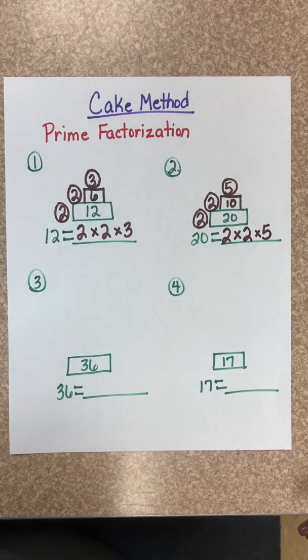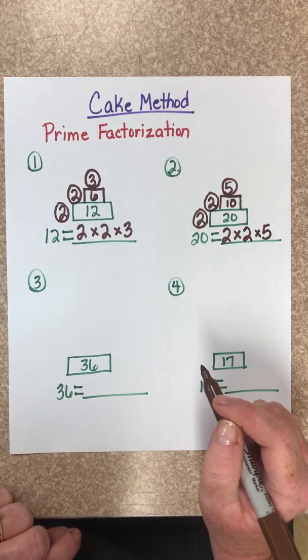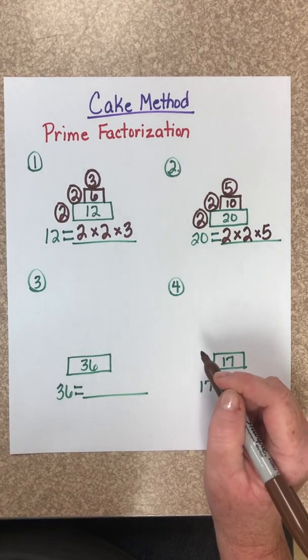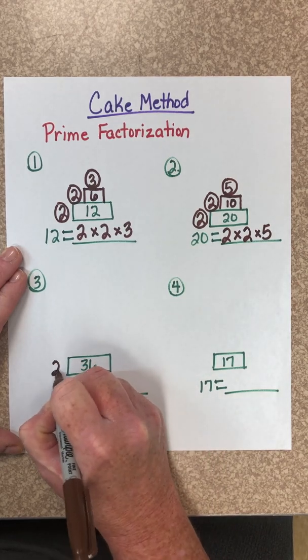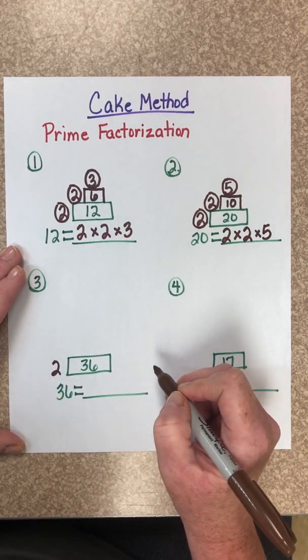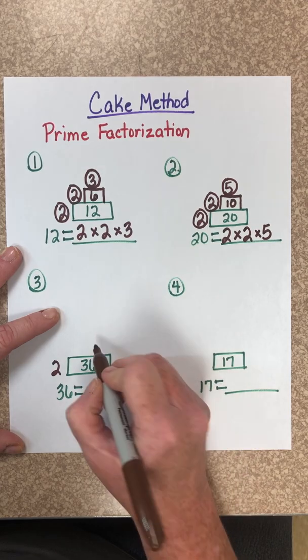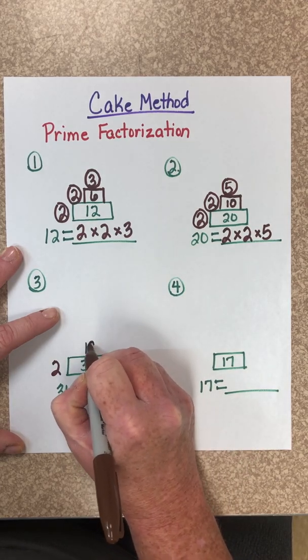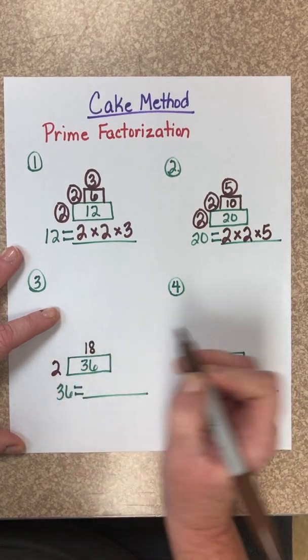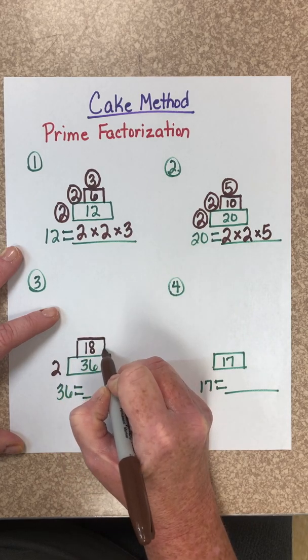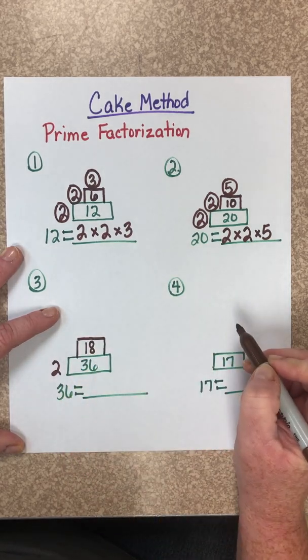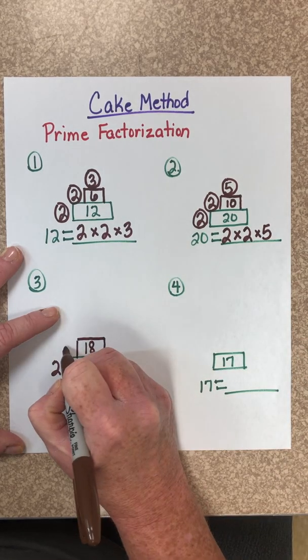All right, let's look at 36. 36 is an even number, which means we know our smallest prime number is going to be a 2. 2 times what is 36? Well, that's 18. Well, 18's even, so that means we need to make that a layer of cake. And since 18's even, that means the smallest prime number would be a 2.